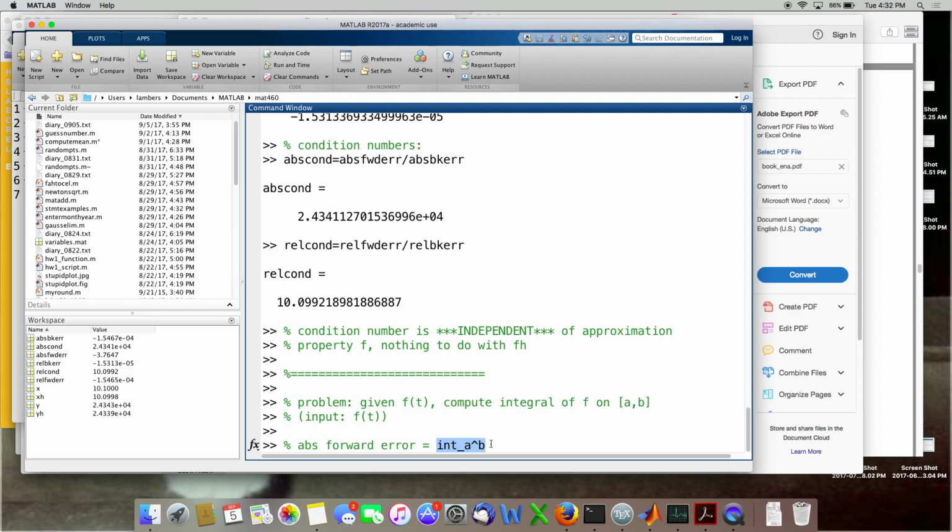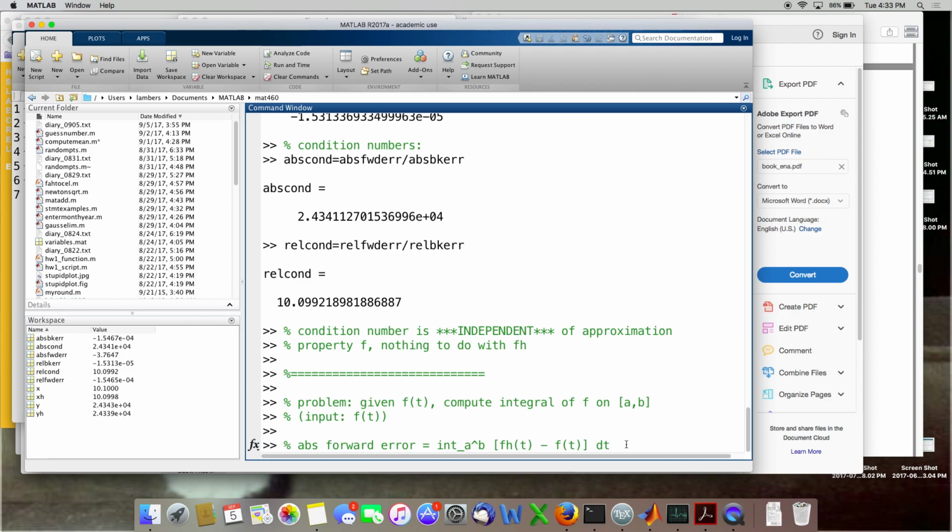So this is a definite integral from a to b, and this would be of f hat minus f, dt. So now keep in mind, we're treating the approximate solution as the exact solution of a nearby problem. This is your modified input now. This plays the role of your x hat.